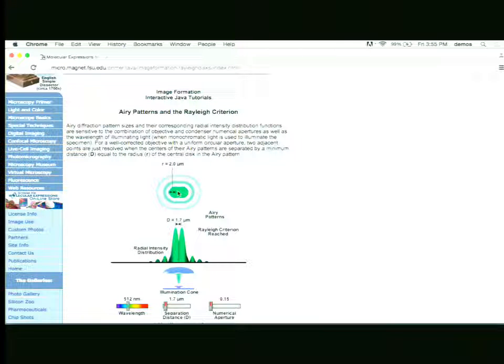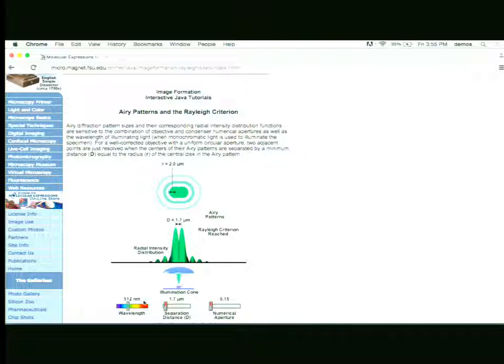And this is interesting from the point of view of astronomers who are trying to do that. For example, if they want to know whether there are two stars there or one, they have to get the resolution, the angular separation of these, greater than this Rayleigh criterion.